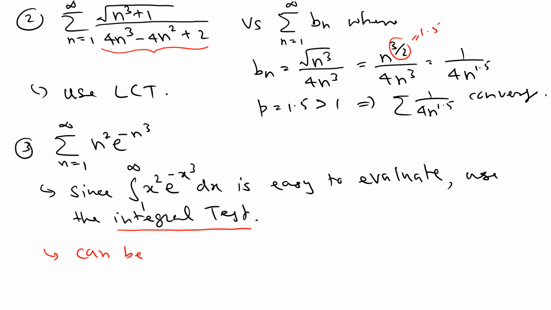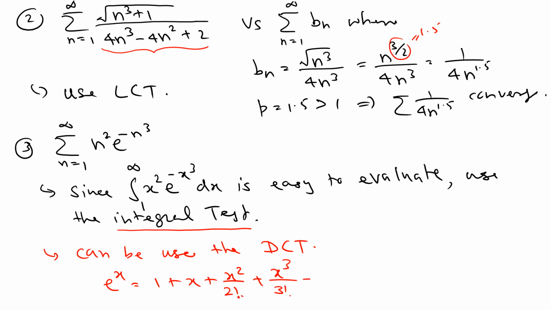The reason is we know that e to the x is simply 1 plus x plus x squared over 2 factorial plus x cubed over 3 factorial, like that, which is something we learned before. So see whether you can use a direct comparison test to do this problem.